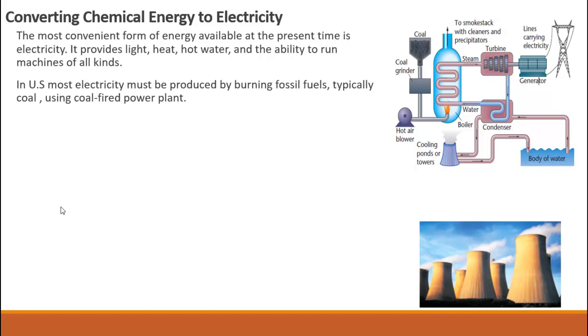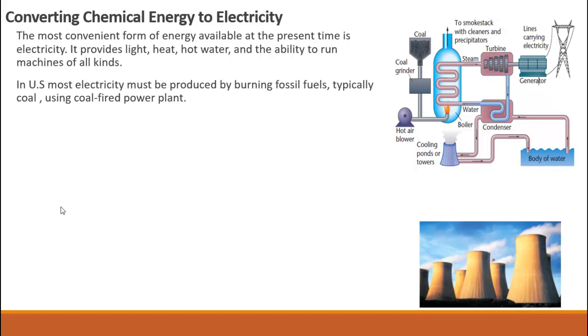And most electricity must be produced by burning fossil fuels, especially coal, by using coal-fired power plants. So in the US, coal-fired power plants are used for producing electricity from burning fossil fuels.